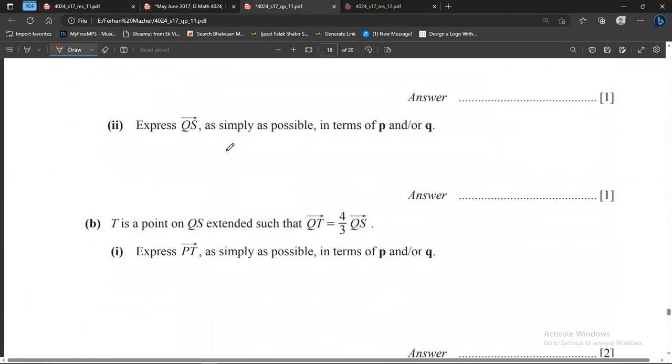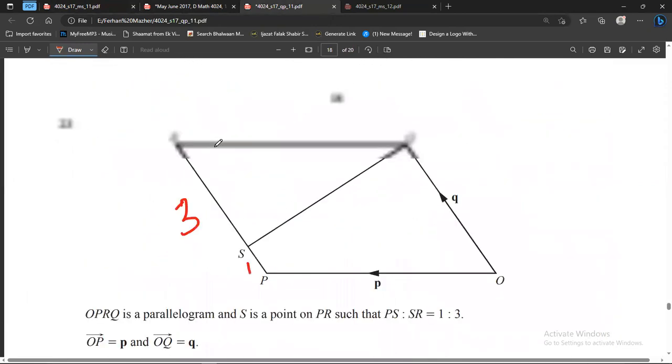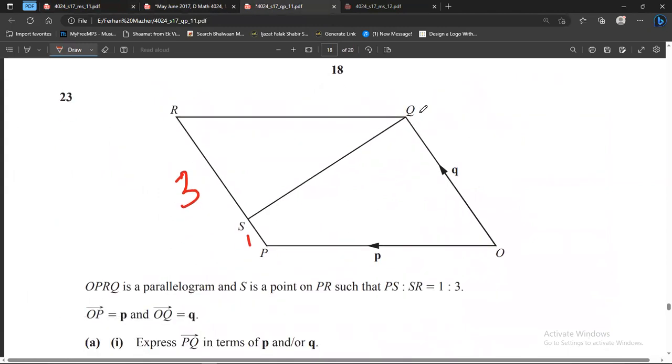They want me to find out the QS as simply as possible. So if you want to go from Q to S, go from Q to O, from O to P, from P to S. Very simple.